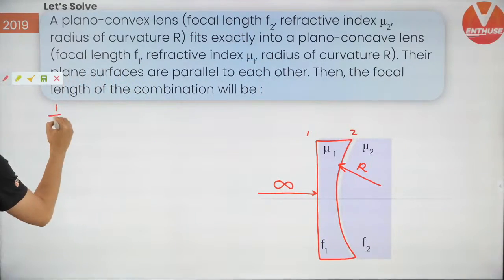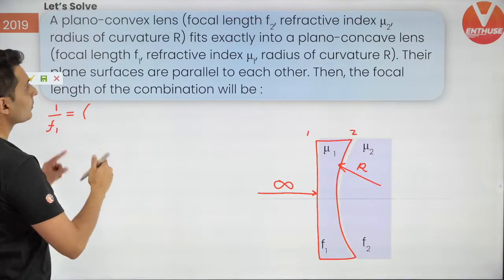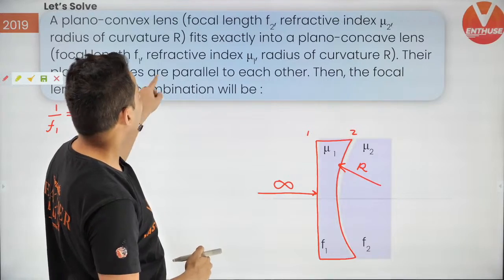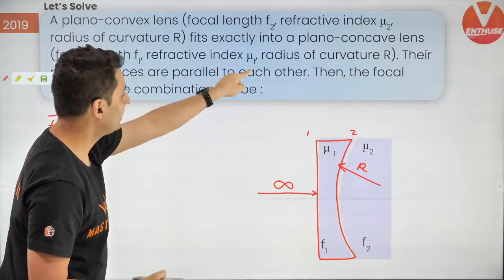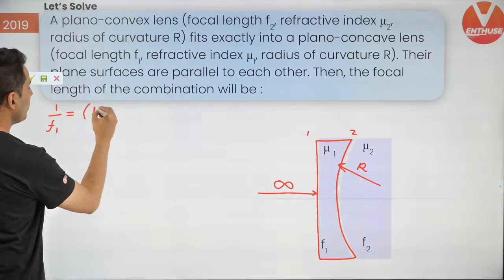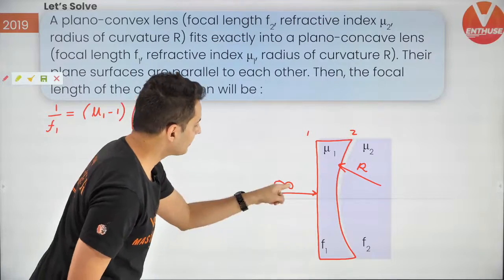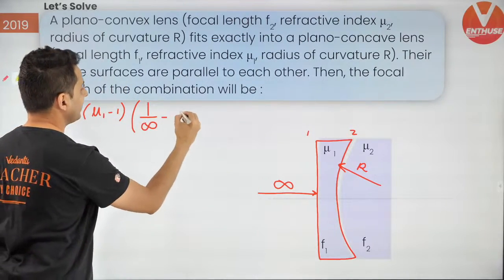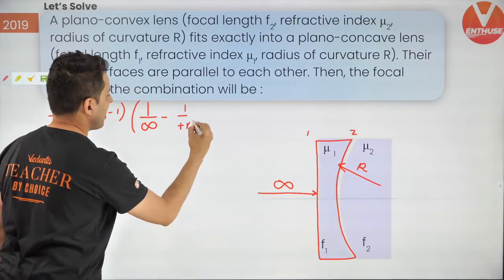So my first focal length f1 is going to be, plano-concave lens has a focal length f1, refractive index mu1. So mu1 minus 1 into 1 by infinity minus 1 by, that radius is positive, so plus r.